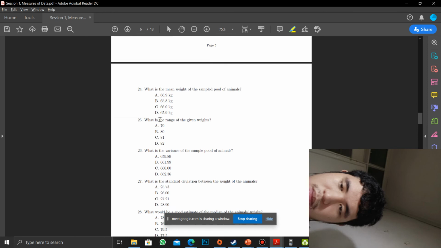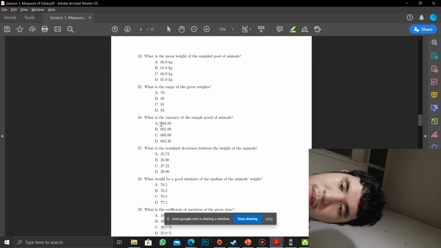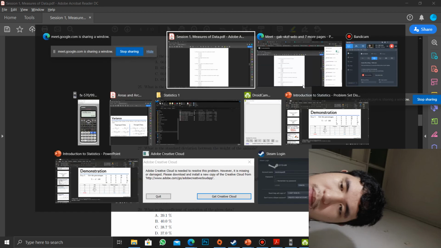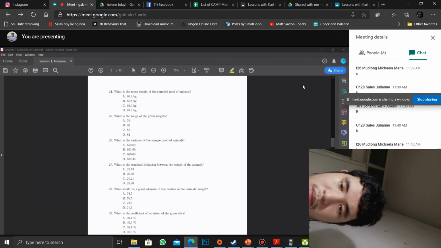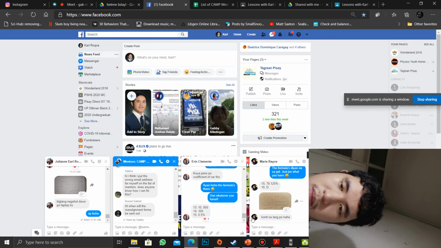Okay, you have two options. It's either you use the calcu or you use the formulas na binigay ko sa inyo kanina, no? You have everything in your hands naman. Nasa group chat naman yun. Sinend ko yung mga PowerPoint natin. Sige, I'll give you 10 minutes.